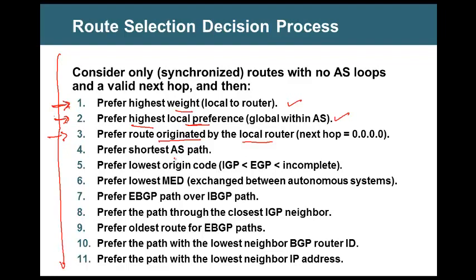Locally originated means I'm a router, I'm advertising 3.3.3.3. That is locally originated. I'm advertising it, but there is also another neighbor giving me 3.3.3.3 from somewhere. Now, which one should I prefer? Should I prefer my own 3.3.3.3 or someone's network which is coming from somewhere?